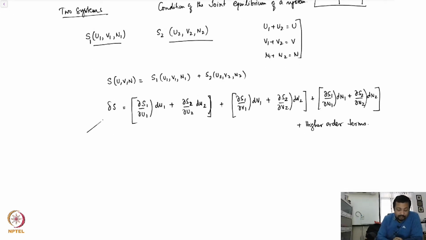Now clearly at the joint equilibrium point delta S is 0. That's a stability criterion if it is a stable equilibrium point.